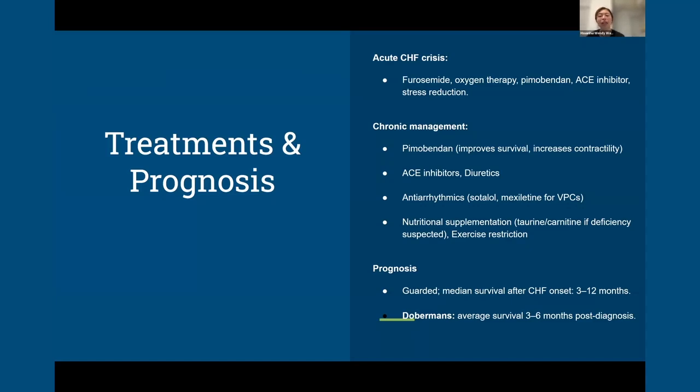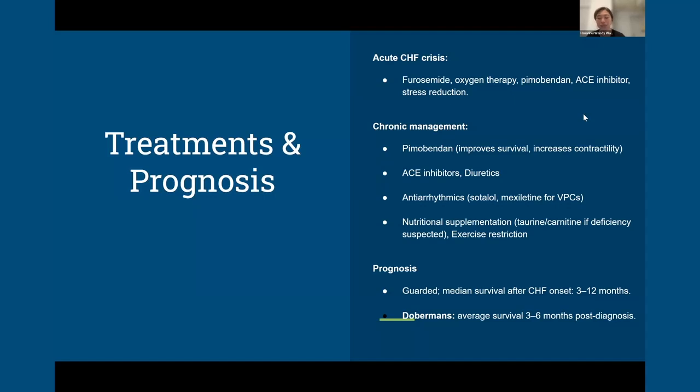But for chronic management after, it is, of course, pimobendan. Again, we want to improve survival. We want to increase the contractility. I often tell owners that this positive inotrope is very important to really help out our pets and really gives a boost to increasing the workload and to help the heart function as properly as it can at this point.